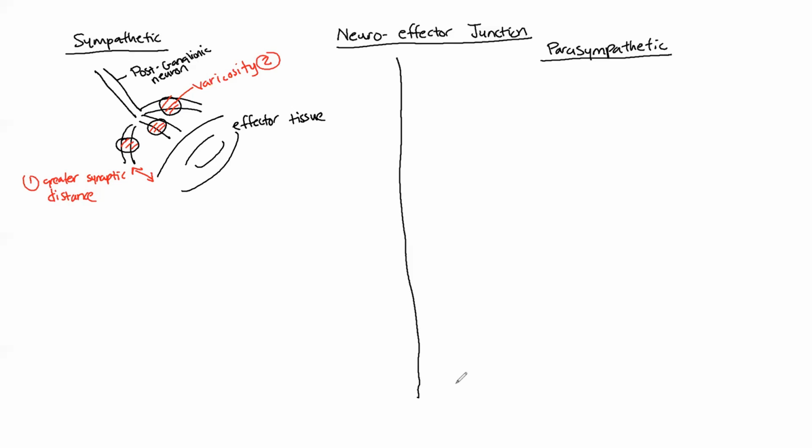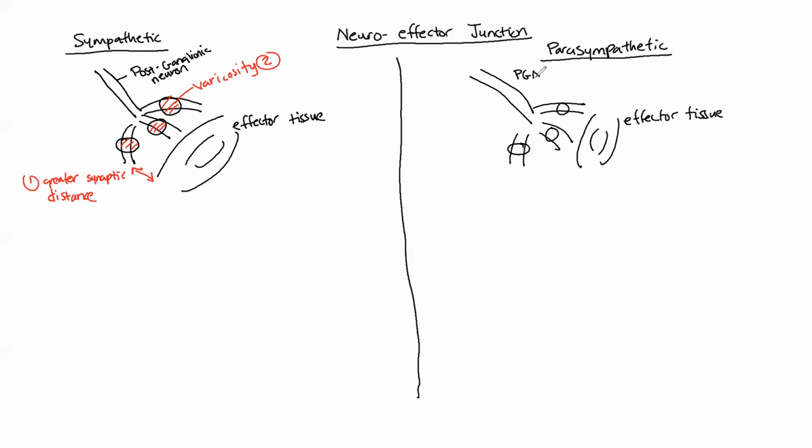All right, let's draw the similar thing out on the other side for our parasympathetic system. Again, we've got our neuron, our varicosities, and our effector tissue. Our postganglionic neuron, our varicosity, okay?